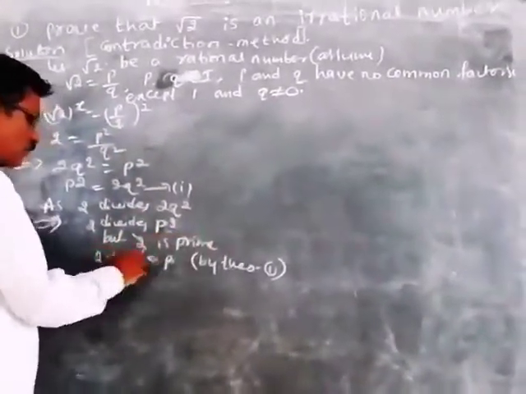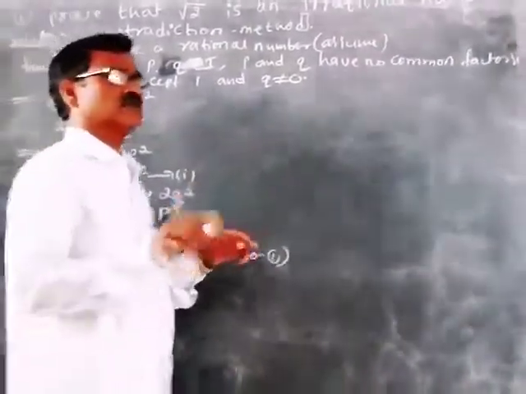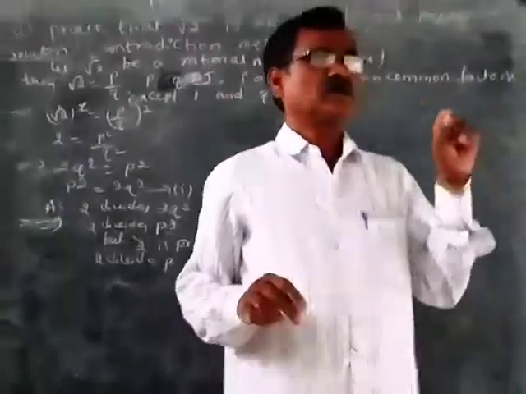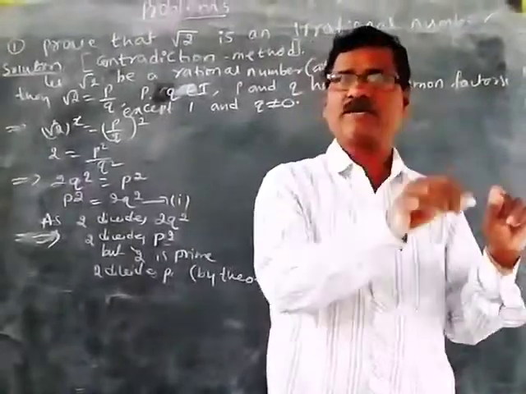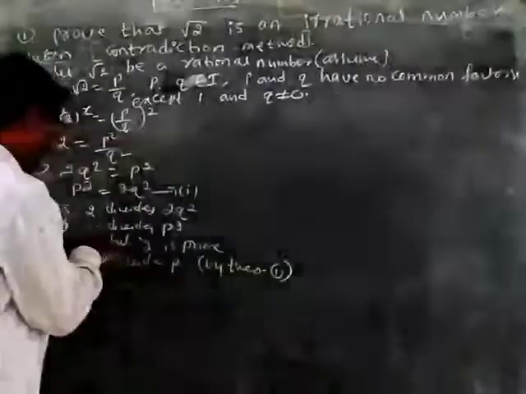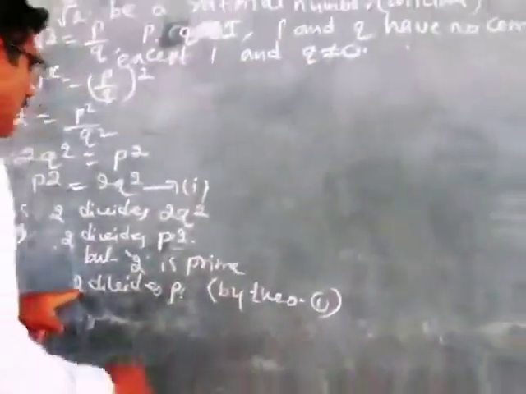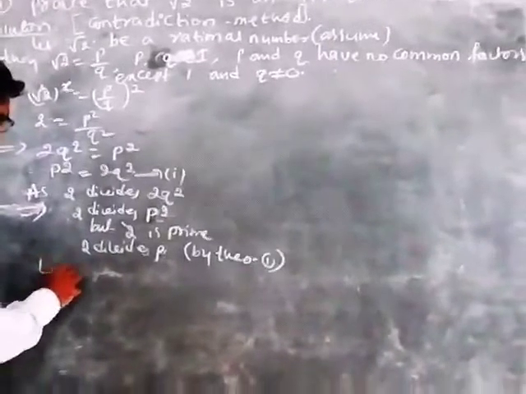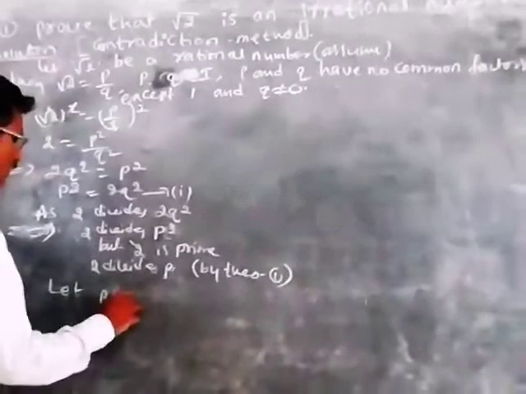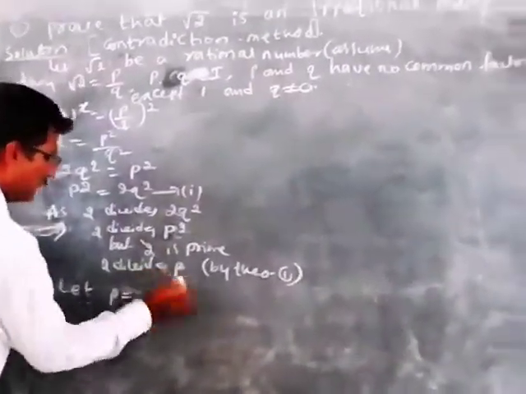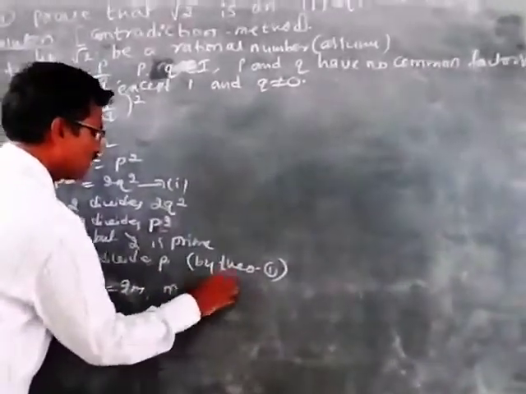But 2 is a prime, therefore 2 divides P. This is how, by theorem 1: if P is a prime, A is a natural number, and P divides A square, then P divides A. Here 2 divides P square, so 2 divides P. In continuation of the problem, let P be equal to 2m, where m is an integer.